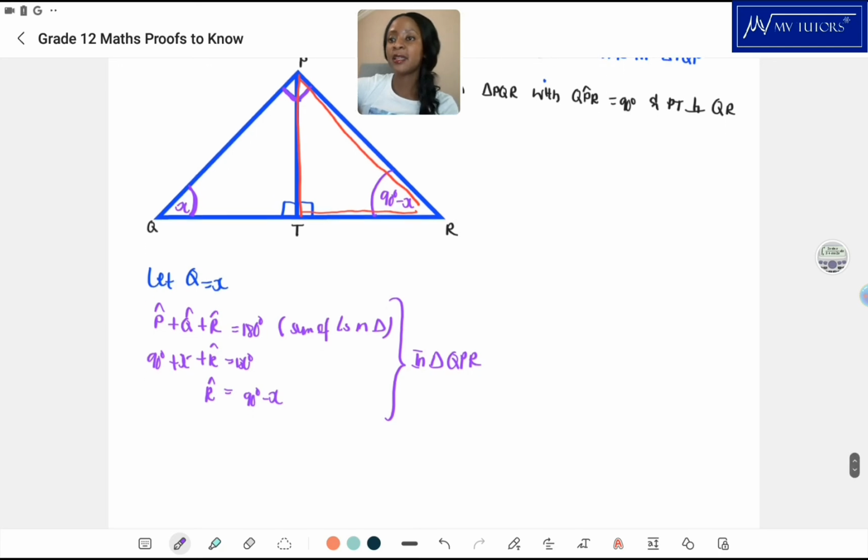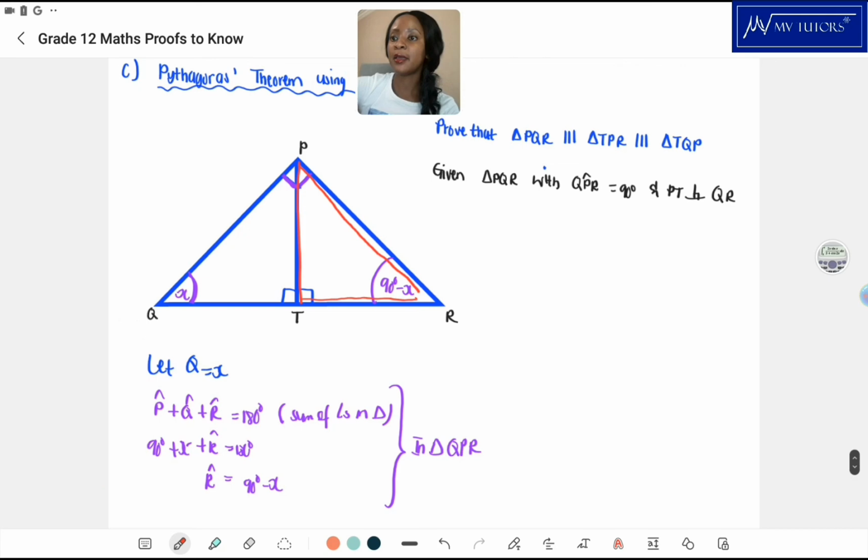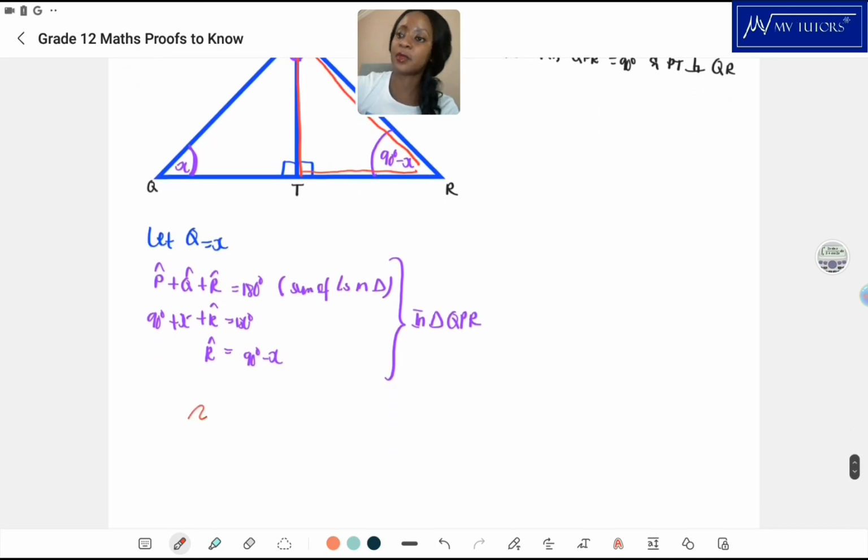Now if we were to look at triangle PTR, we know that T is equal to 90 degrees. That was given.